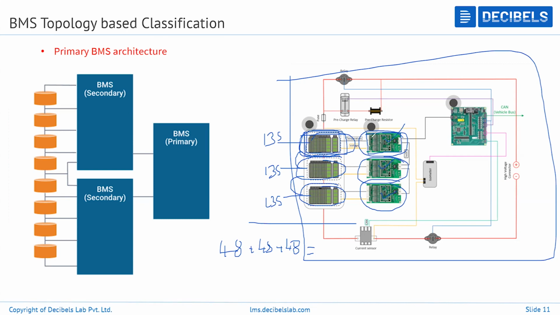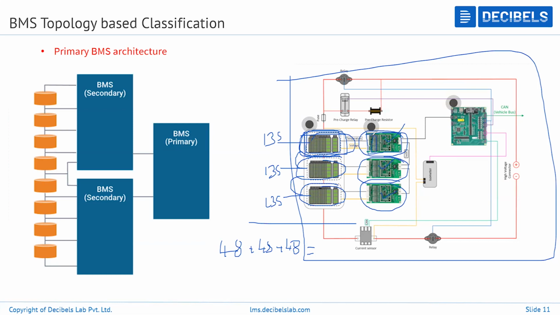Okay. So what exactly does this slave BMS do? It takes only the voltage information, the voltage of all the cells, and if possible, the temperature also. And in the advanced AFEs, they have the balancing circuit also.